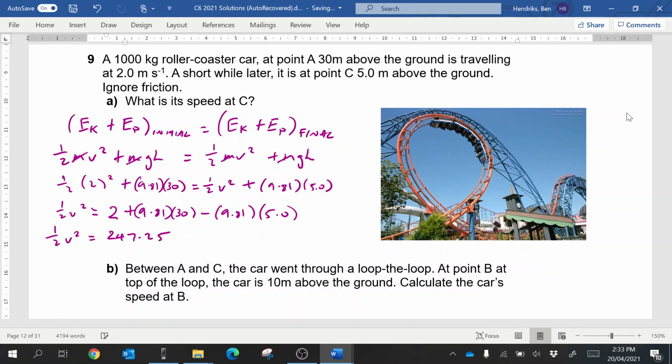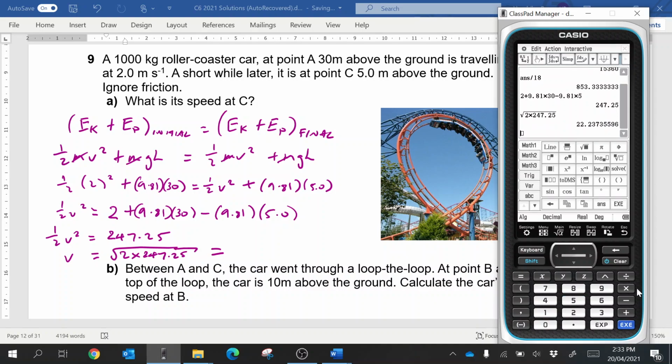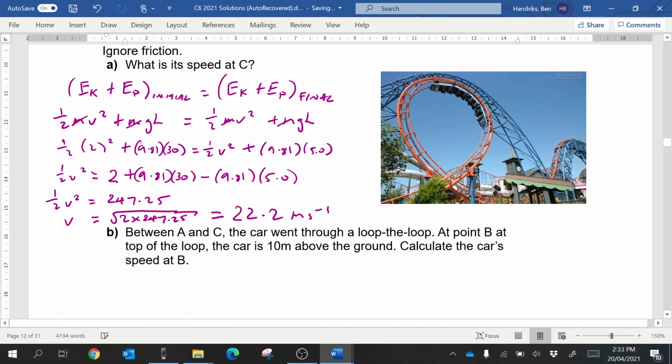That means that v, our speed, is equal to the square root of 2 times 247.25, which is equal to 22.2 metres per second.